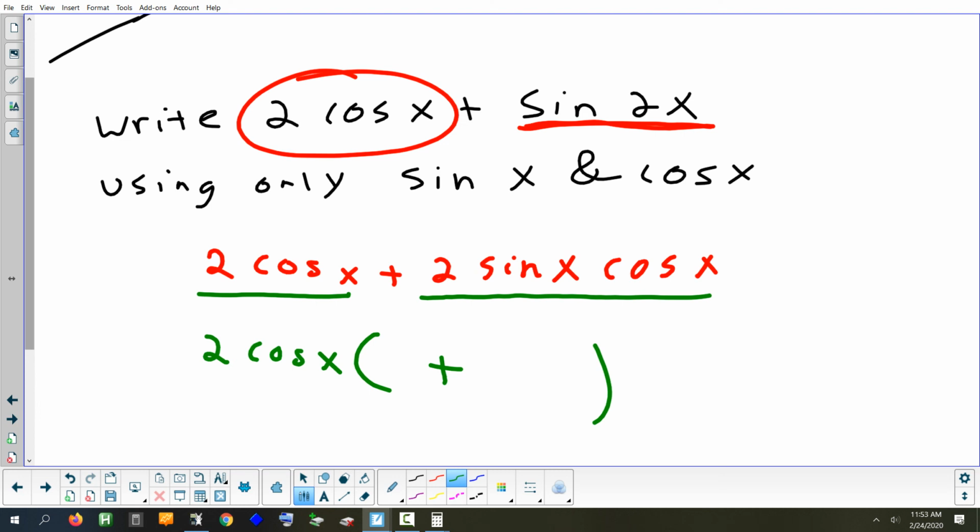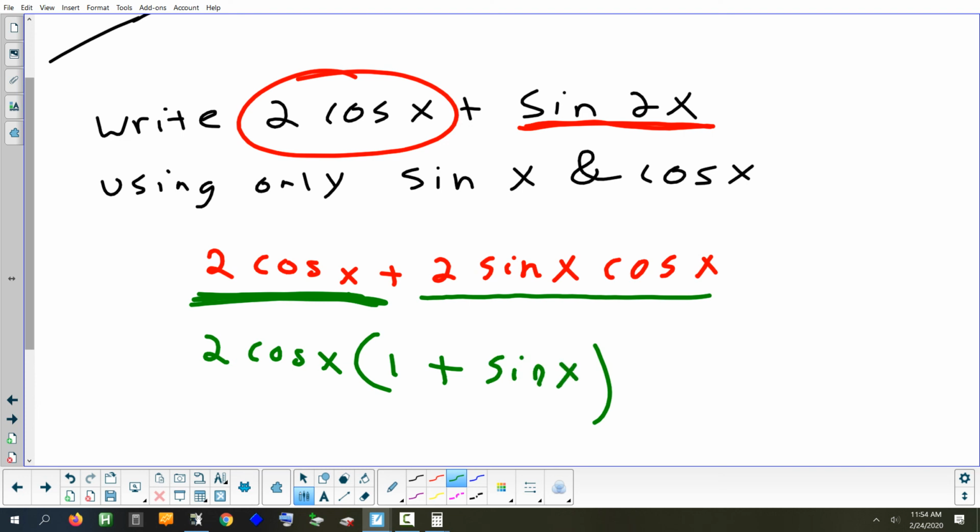If you factor 2 cosine x out of this, what's left? You can't put a 0 here, that wouldn't work, because then if you distribute it, you wouldn't get that back. Yep, 1. If you factor everything out of a term, the only thing left is a 1. And what if you factor 2 cosine x out of the second term? What's left there? Yep, sine x.